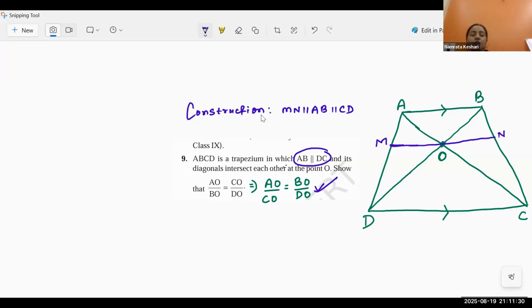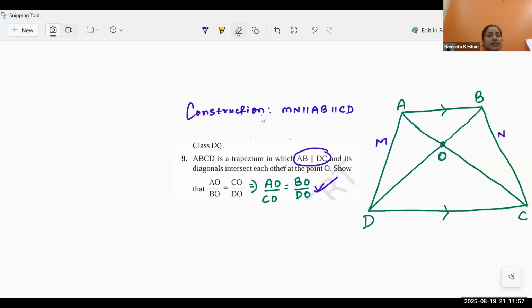Without this MN, we will be taking any triangle. I'm going to rub this MN just for clarity on why we did so. You take any triangle, maybe triangle ABD. Any line which is parallel to one of the sides? No. Maybe triangle ADC.